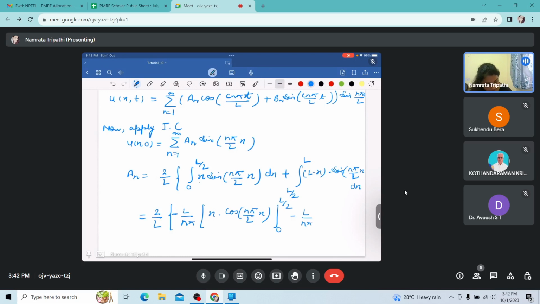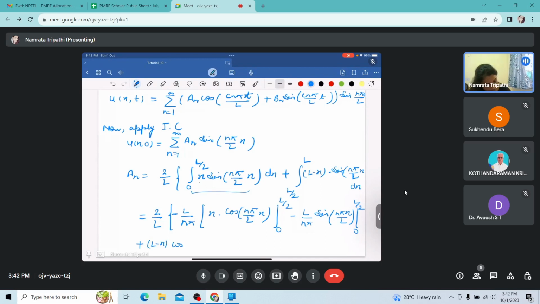you can check the integration. The limit is from 0 to L by 2. Fine. So this is the integration for the first term, and the integration for the second term is cos of n pi upon L into x.